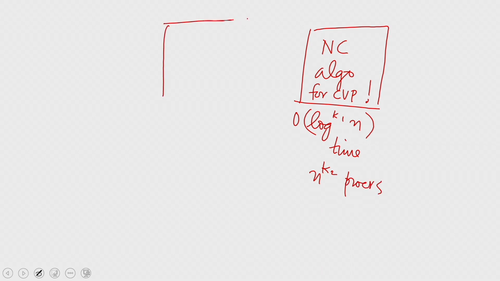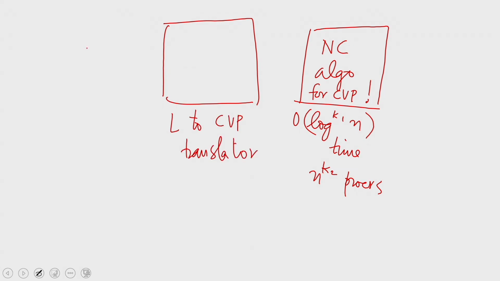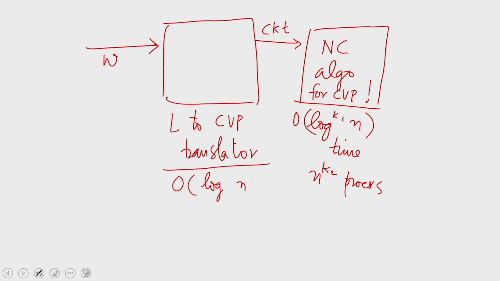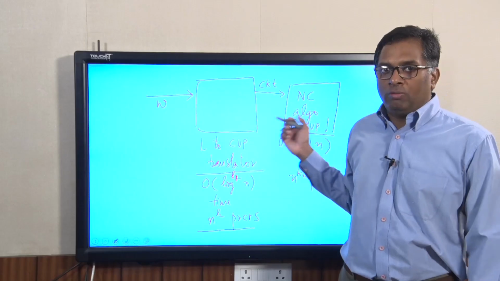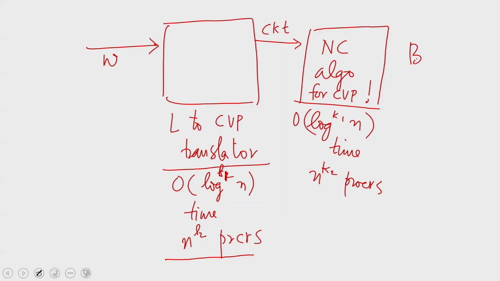And then let us consider an L to CVP translator, which we have seen just now. This will take an input, a potential input to L, and will produce a circuit. Since this is an NC translator, it should run in log n power l1 time using n power l2 processors. Then by the juxtaposition of these two algorithms, we will have an NC algorithm. When we juxtapose them, we have to use Brent's scheduling principle.